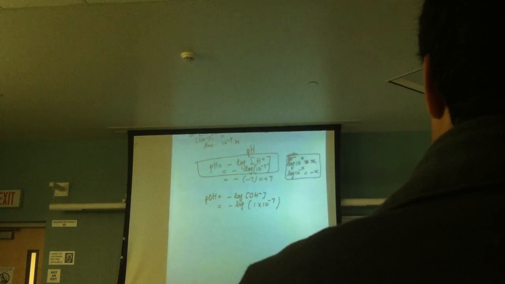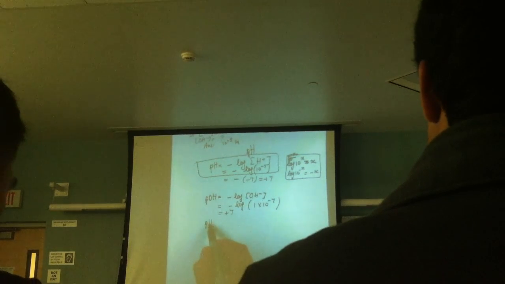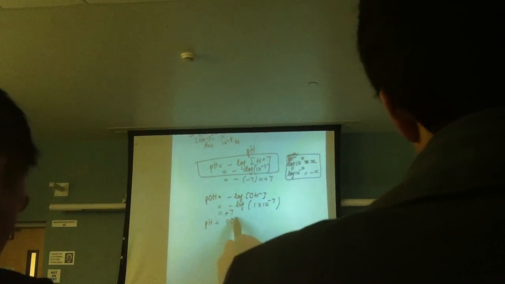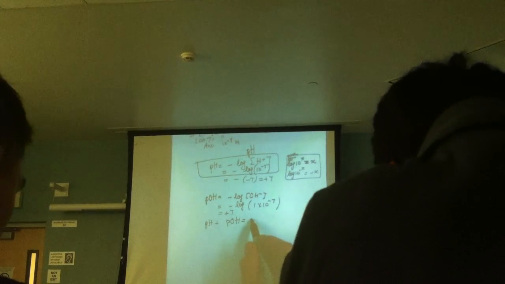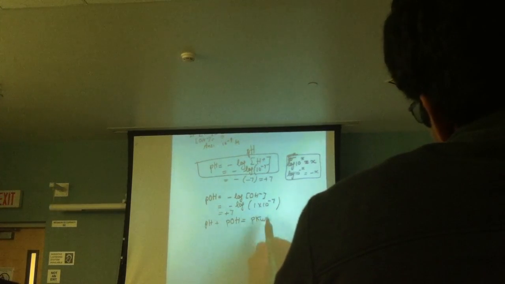Remember, they're both equal for a neutral solution. And again, the pOH is equal to what? 7. You're going to find this information on page 2. If you add the pH and pOH, what do you get? 14. I get 14.